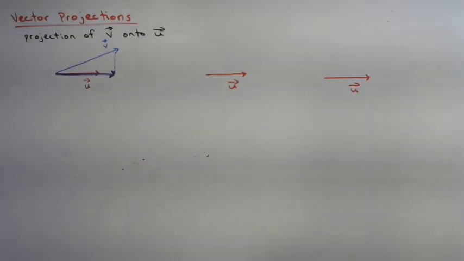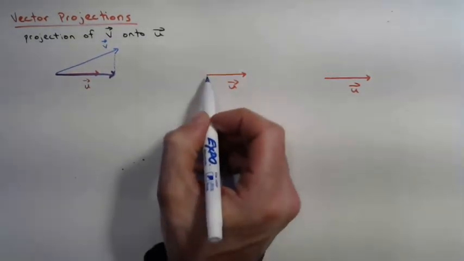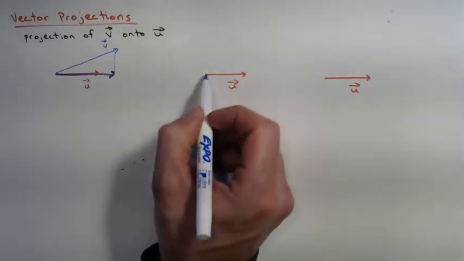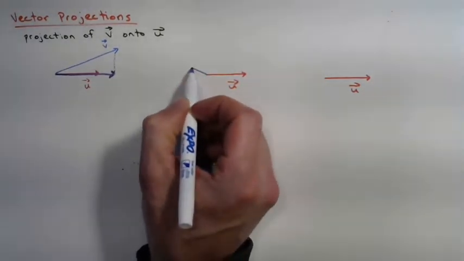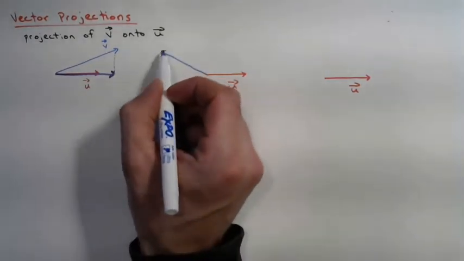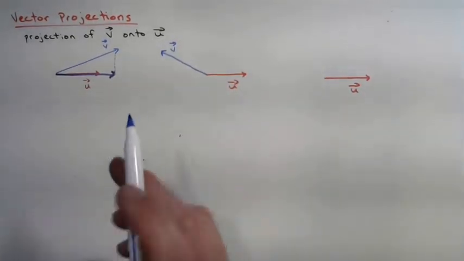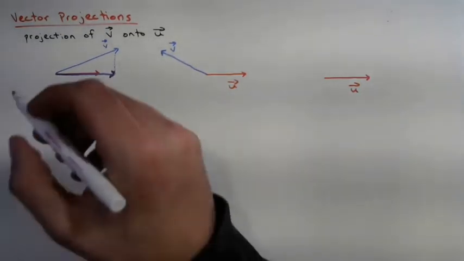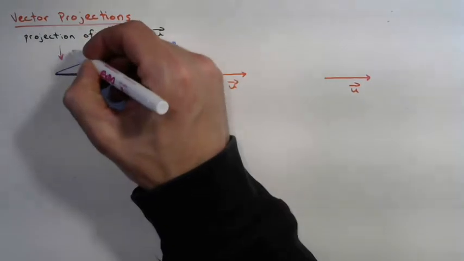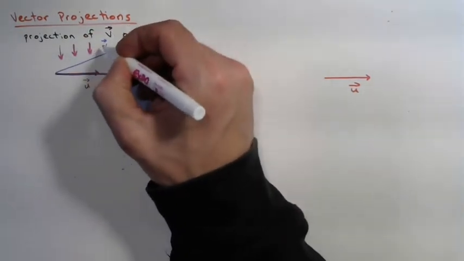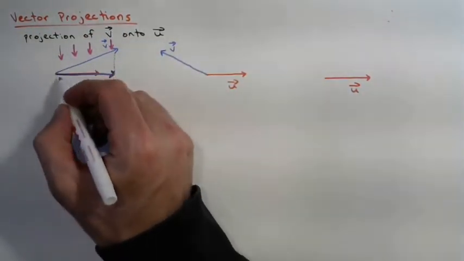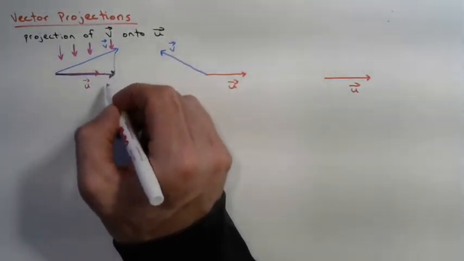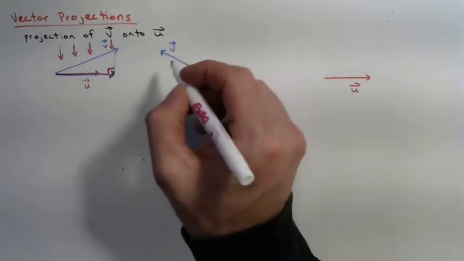Another possibility is that this angle is greater than 90 degrees. Maybe it's in between 90 and 180, so that vector v is doing this. And now, maybe I should better describe the projection. It's kind of like thinking of a light shining down on vector v, and what kind of shadow would it cast on the direction vector u? Same thing here.